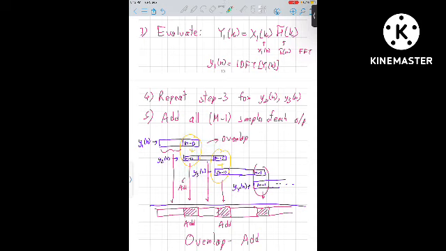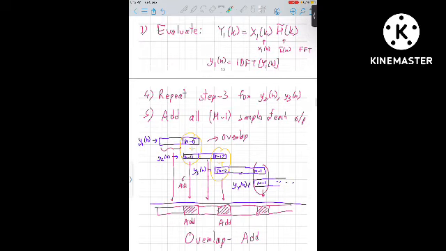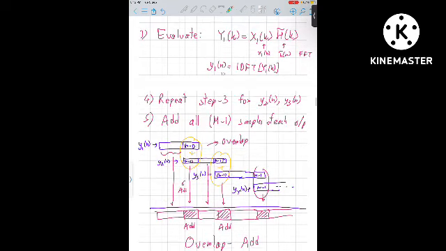Let me solve an example over here. Let us take h of n as 3, 2, 1, 1. So here m equals 4.